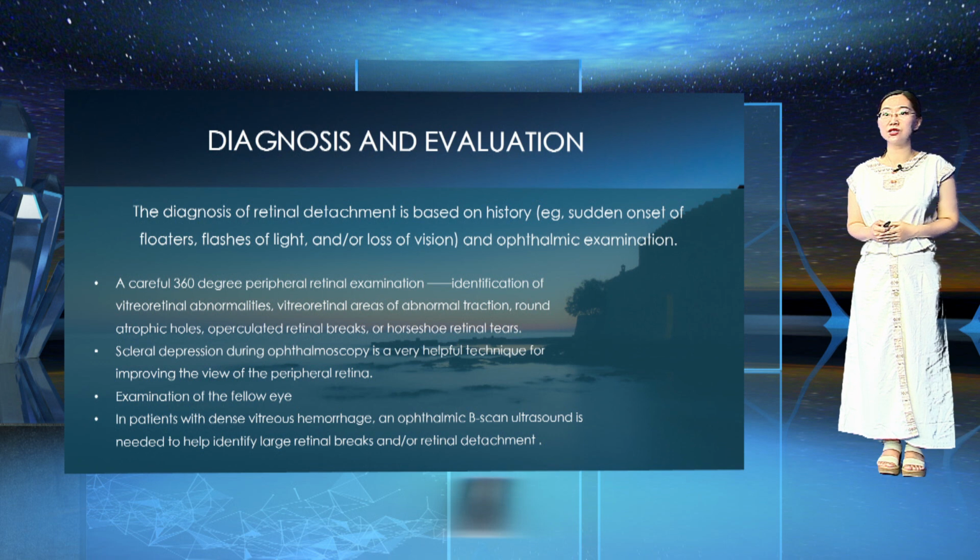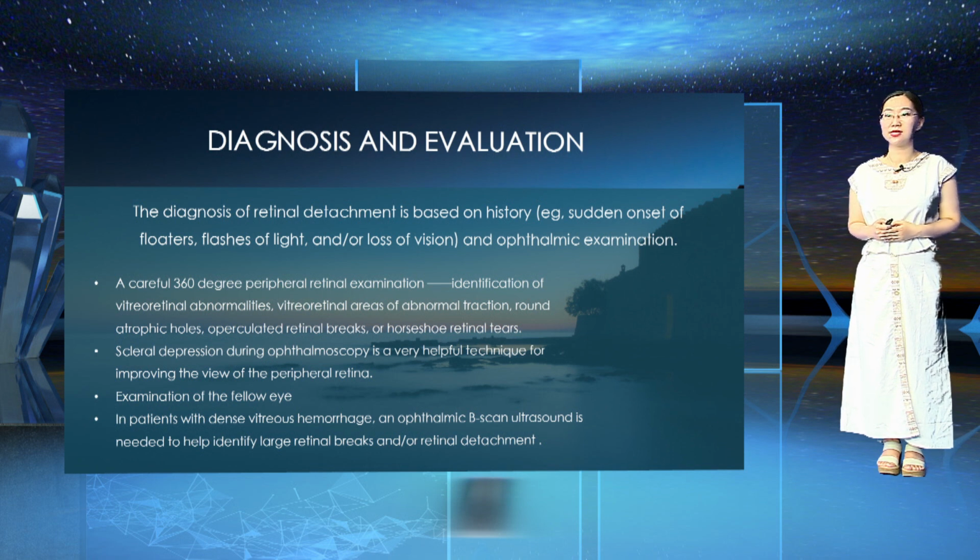Patients should also undergo examination of the fellow eye, as there is a relatively high rate of bilateral retinal tears or detachment, and an asymptomatic tear or detachment could otherwise be missed.